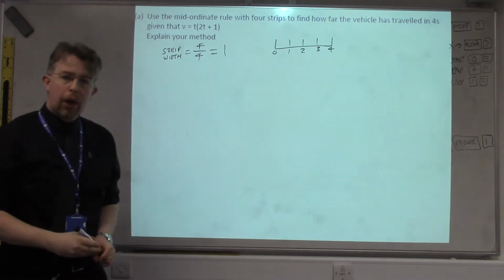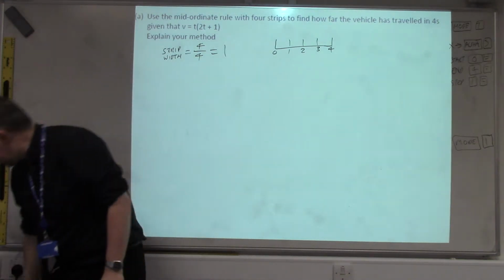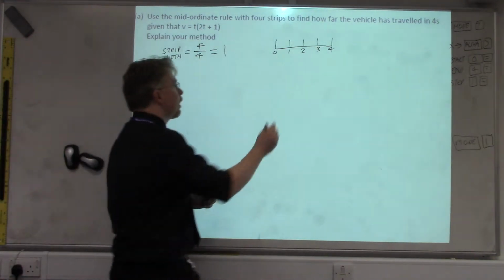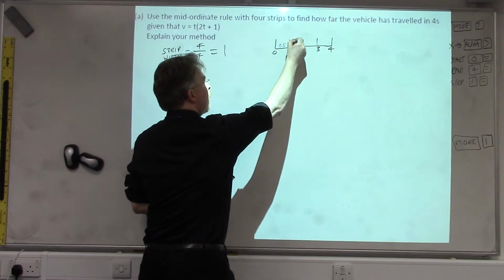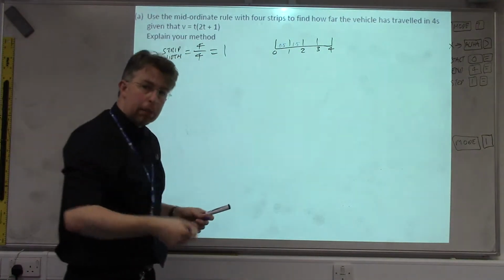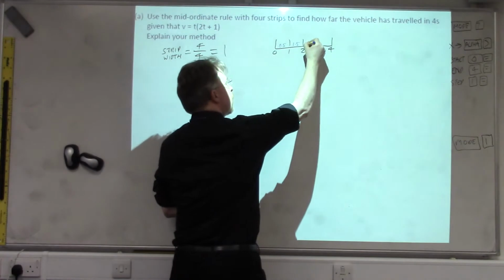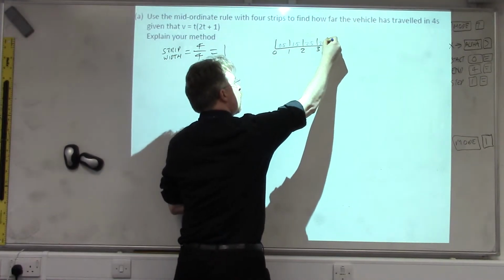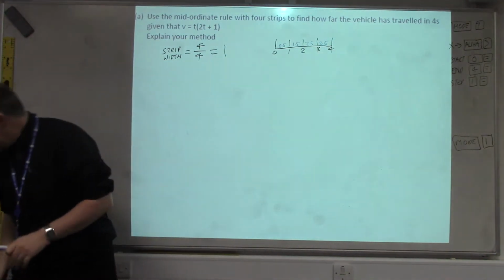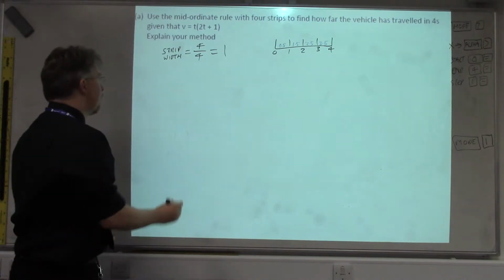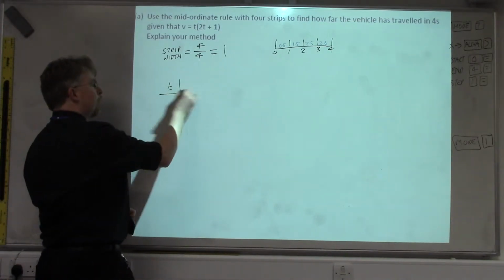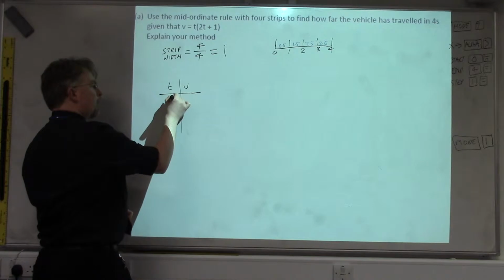So they're going up in ones. For the mid-ordinate rule, we need the midpoints. So 0.5, 1.5, 2.5, 3.5. So the table we need to complete is this one with all the midpoints in.